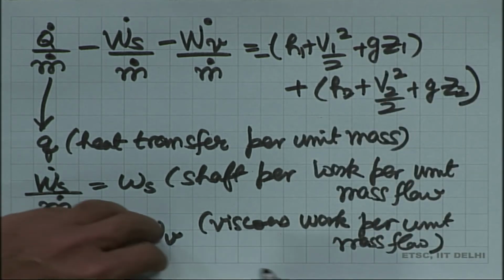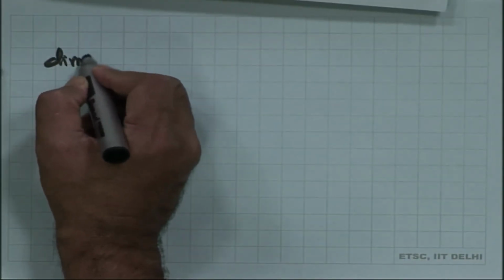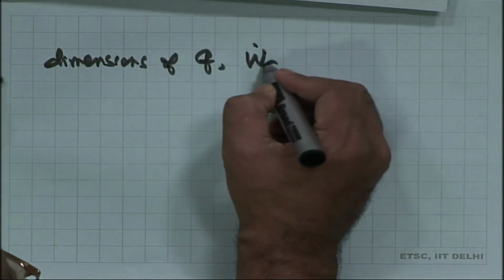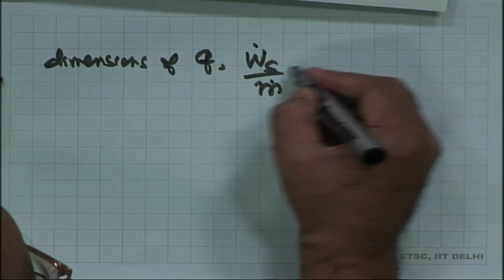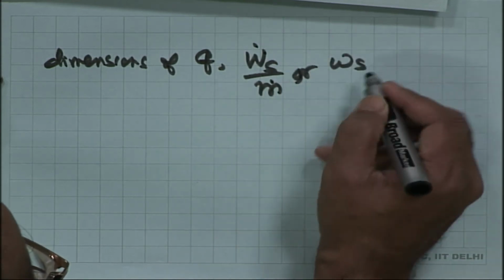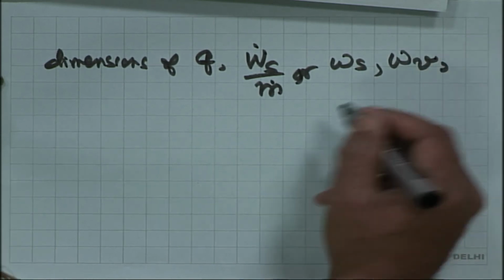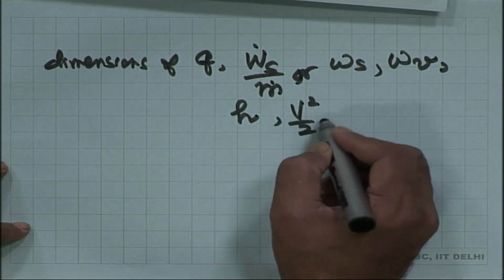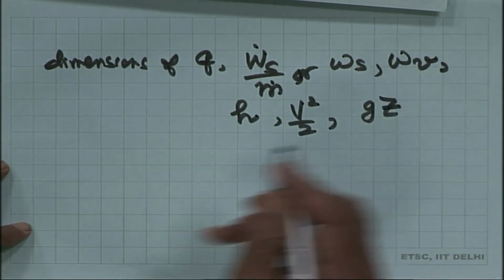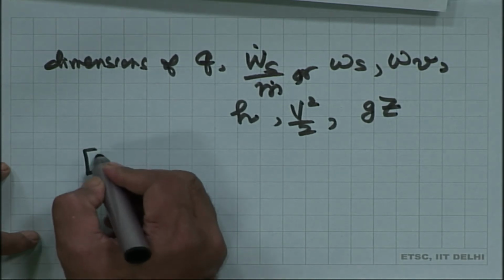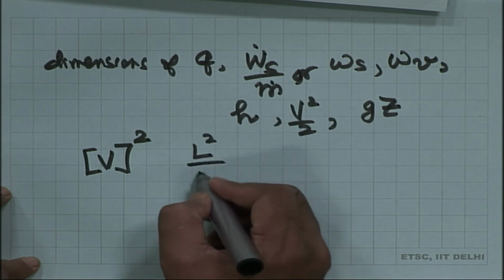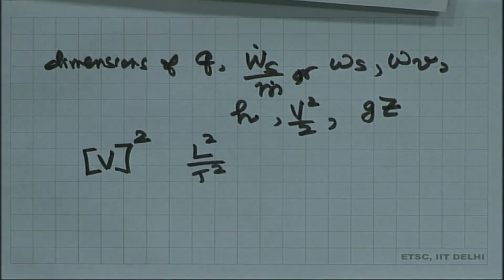So, the dimensions of q, Ws dot by m dot or small ws, wv, specific enthalpy, V square by 2 and G z, these dimensions are that of velocity square, which is L square by T square. Okay.